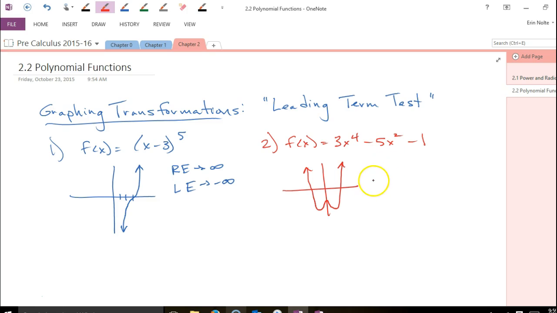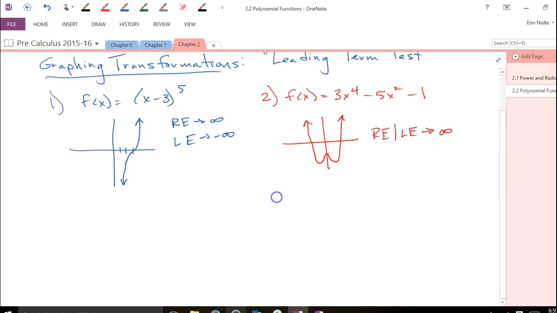They're both going to infinity, fair enough. So the right end and the left end are both going to infinity. Okay, so just have a general sense of what is going to come out when you type a function in. The other part is potentially how many zeros you should be seeing and how many turning points.